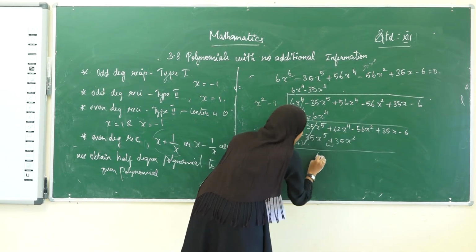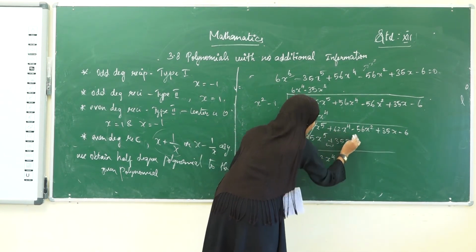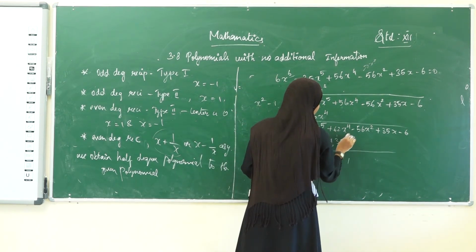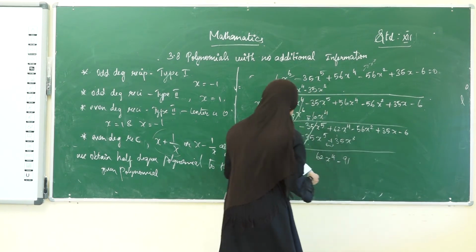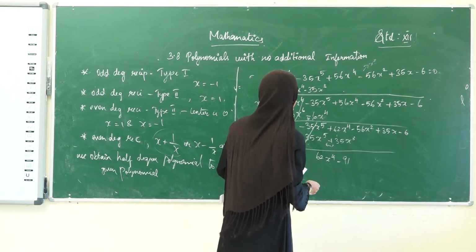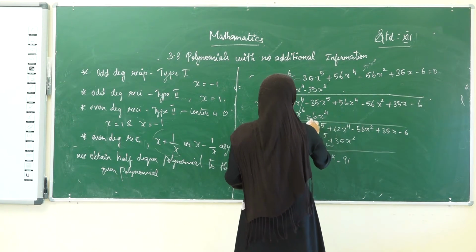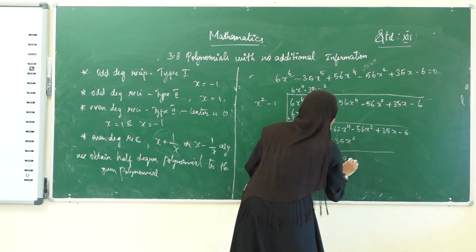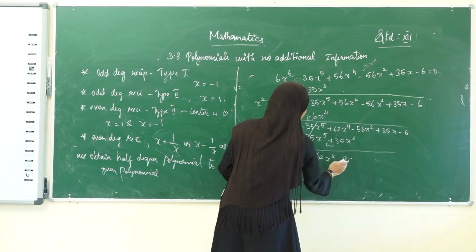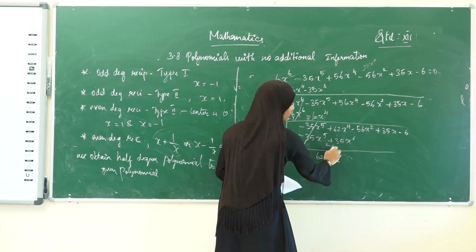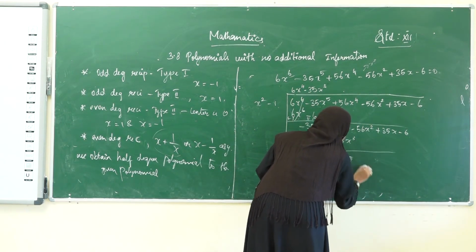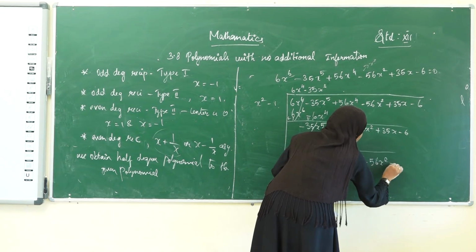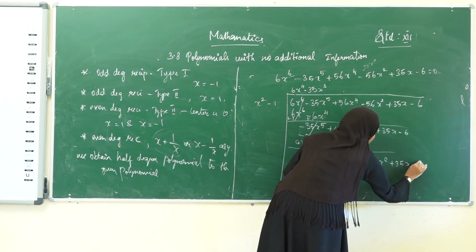Here it is 62x power 4, here it is minus and here it is also minus, so we have to add these: 91. Sorry, see here, we don't have an x cube term yet. Therefore, this term comes down as it is: 35x cube minus 56x square plus 35x minus 6.